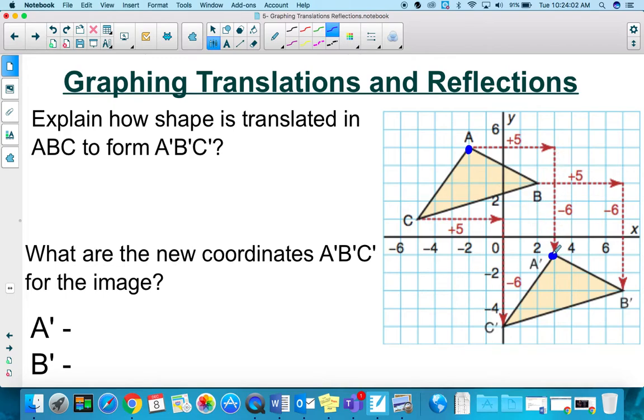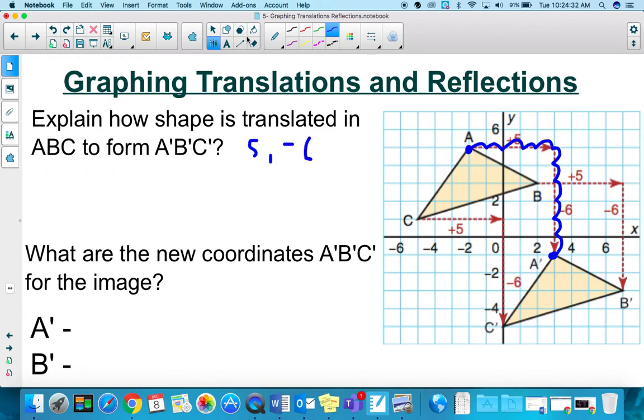So you'll notice here that for the A to get over to this part here, it had to go on the X: 1, 2, 3, 4, 5. Okay, I'm just going to mark that down. So that was 5 over, and then how many times did it go down on the Y? 1, 2, 3, 4, 5, 6. So then it went to -6 there.